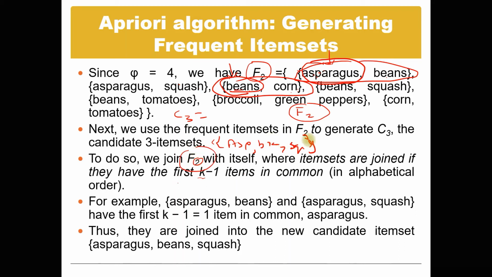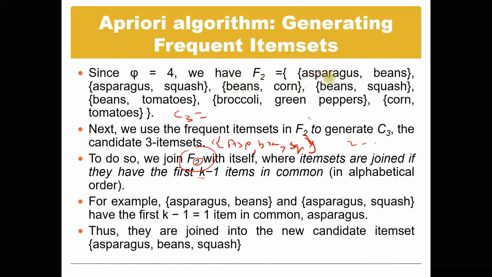From the F2, you need to do 2 minus 1, that is the first item. Since they are not in common, we can't merge these together. You can't just put asparagus, bean, and corn here. That doesn't work. But let's move on.